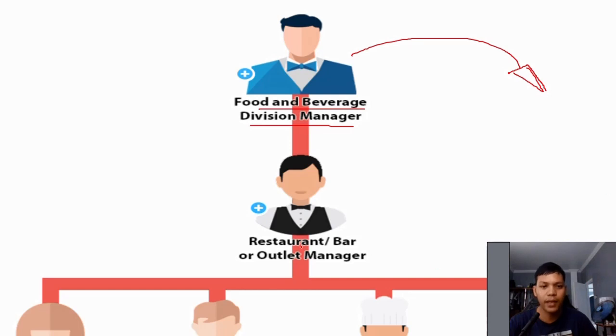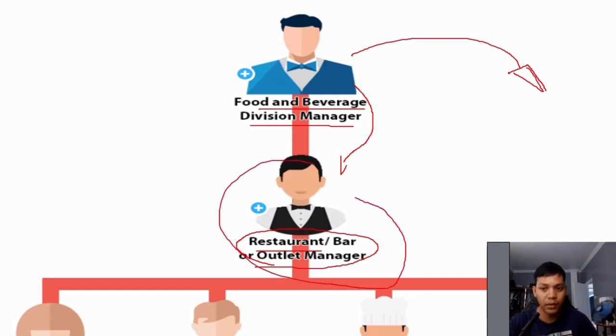We also have the restaurant, bar, or outlet manager. This person is under the F&B or food and beverage division manager. So what are the duties and responsibilities of this person? The restaurant, bar, or outlet manager will conduct inventory checking.